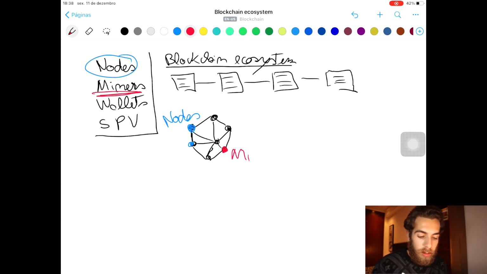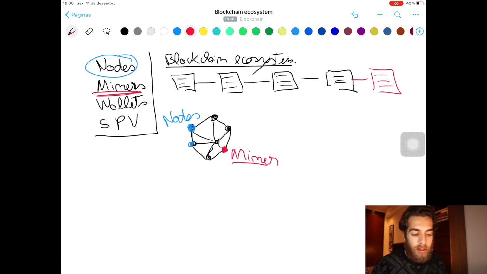So this is a miner. The miner has the ability to add blocks to the chain, while the other nodes, the regular computers, are just validating the network. And each of these computers has a copy of the blockchain.